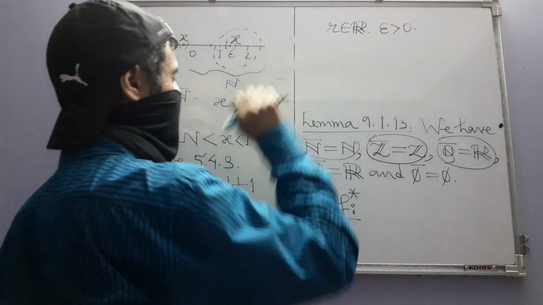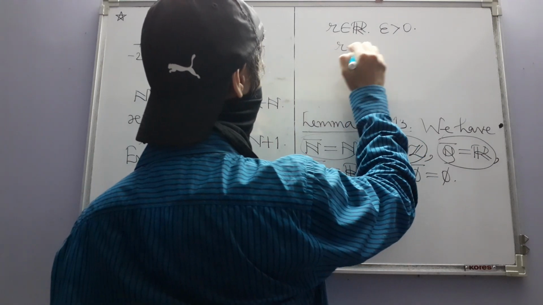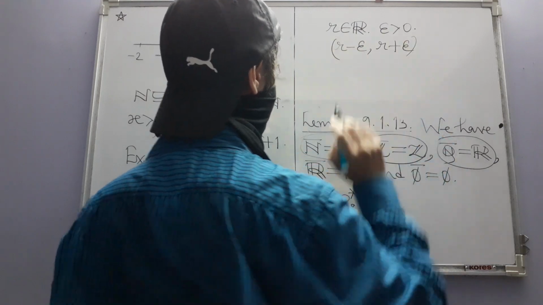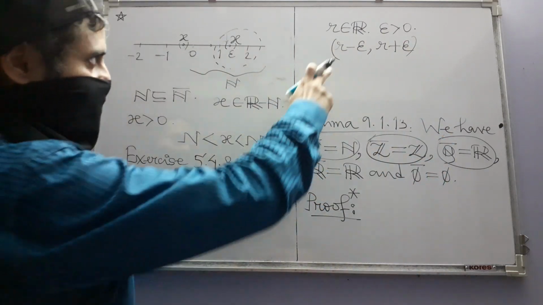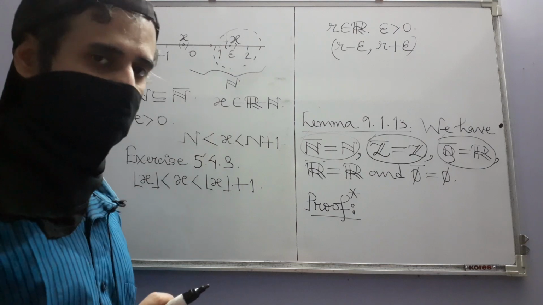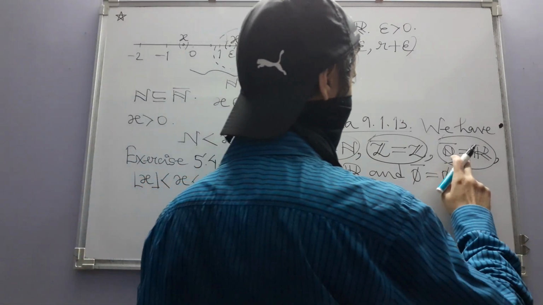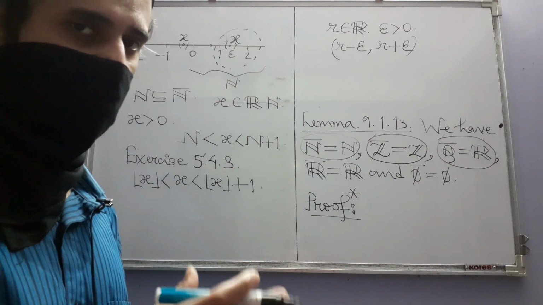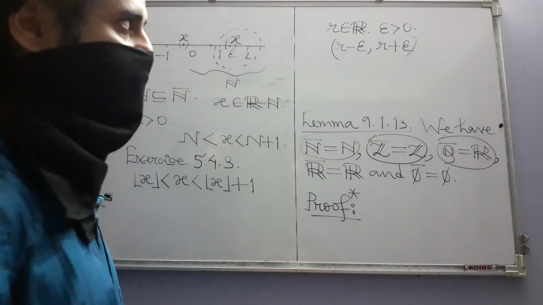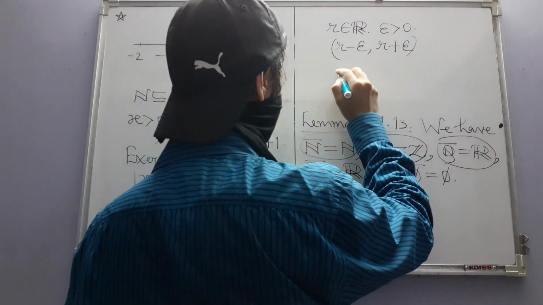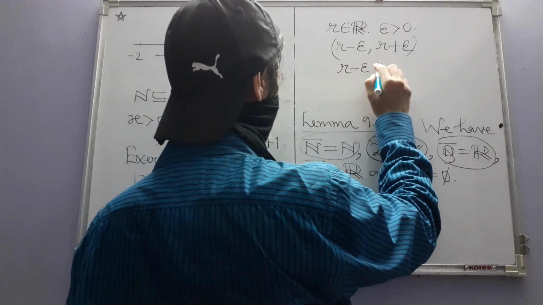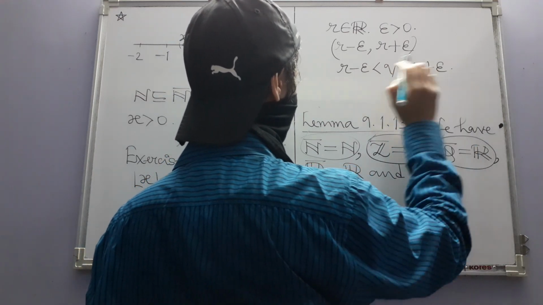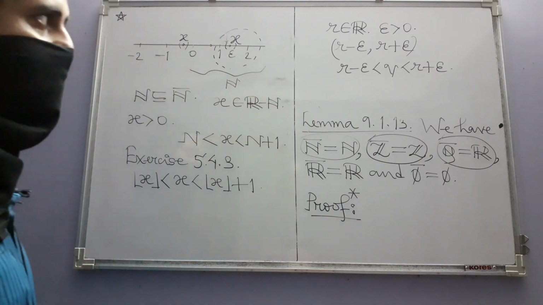In order to show that R is an adherent point, now you have to prove that this interval, this region around R, having R as its midpoint, has something from Q, because then only it will be an adherent point of Q. In other words, what we are asking is that we should find a rational number Q that lies between R minus epsilon and R plus epsilon.